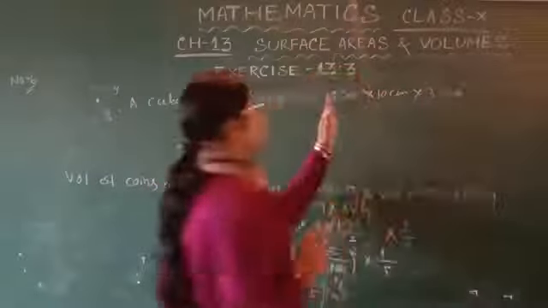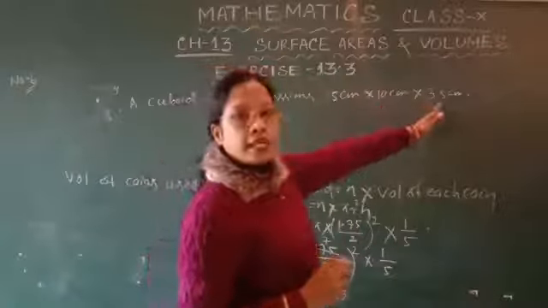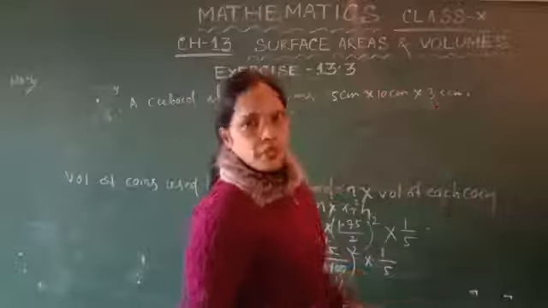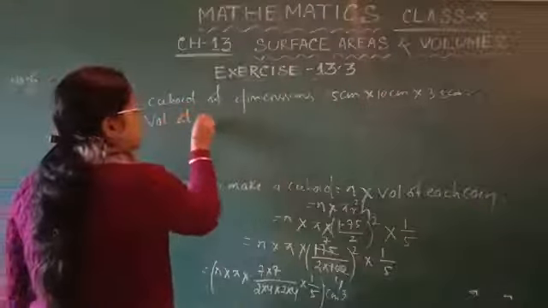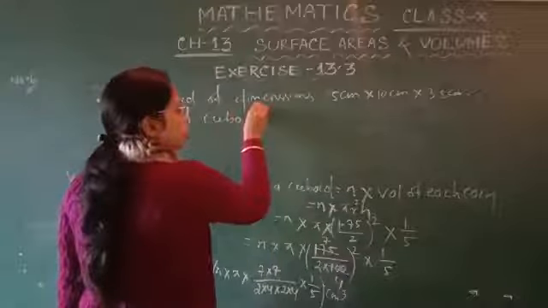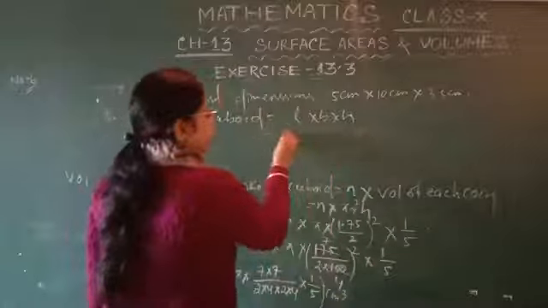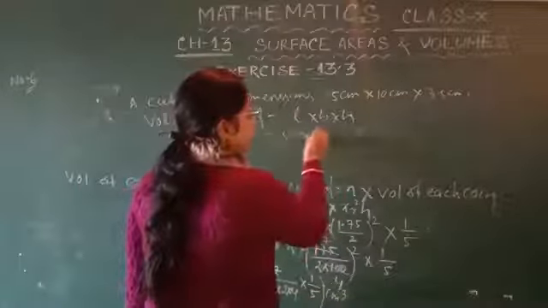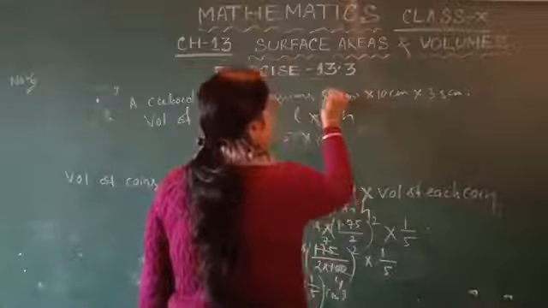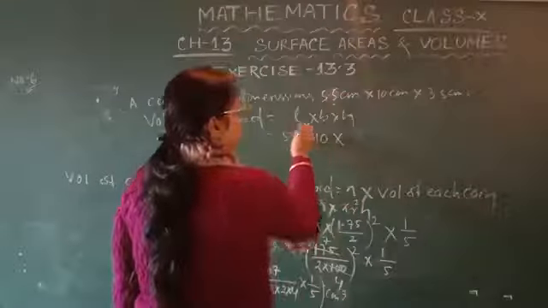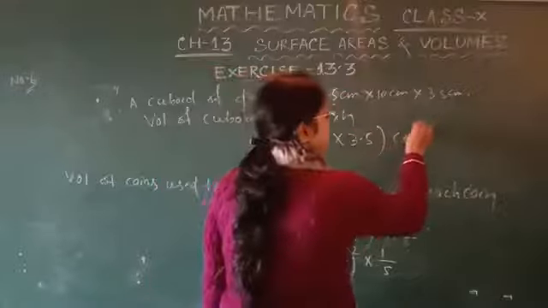That means length is 5.5 centimeter, breadth is 10 centimeter and height is 3.5 centimeter. Okay, so then the volume of a cuboid is equal to length into breadth into height. So that is 5.5 into 10 into 3.5 centimeter.